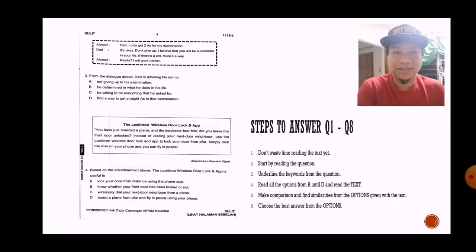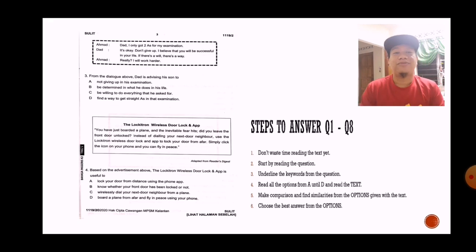What does it mean? Okay, I remember one phrase mentioned in a movie, Adnan Sempit, I think. Yeah, the title of the movie is Adnan Sempit. If there's a will, there's a way. He changed it to di mana ada jalan, di situ ada highway.